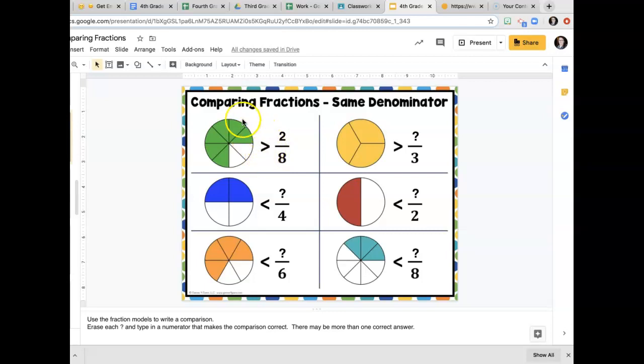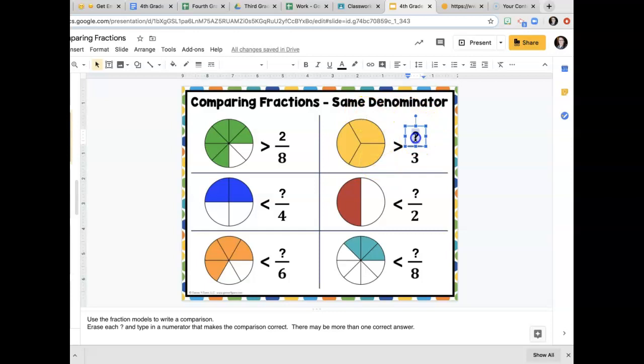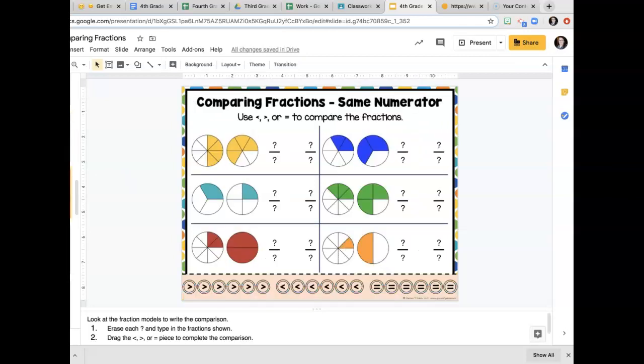This symbol says that this picture or this fraction is greater than whatever this is over here. It's always open to the greater side. So what I pick over here has to be less. Let's do one more of those. 3/3 is greater than 1/3. Okay. Then another set.